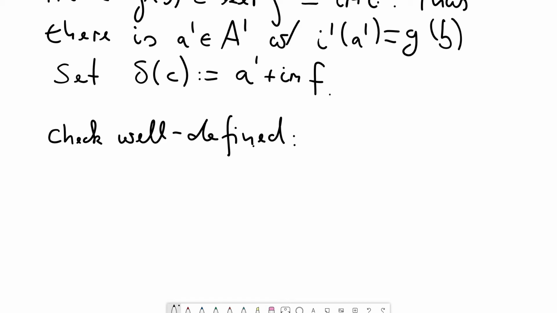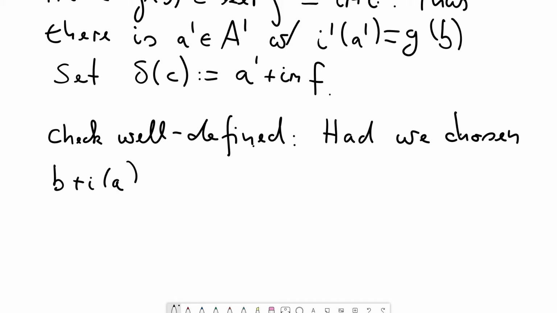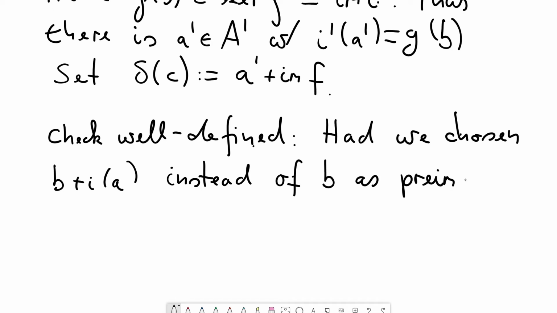So just saying, had we chosen a different element, so had we chosen B plus IA instead of B as pre-image of C under J. Remember we just discussed why we can assume this different element has this form. It's B plus IA.